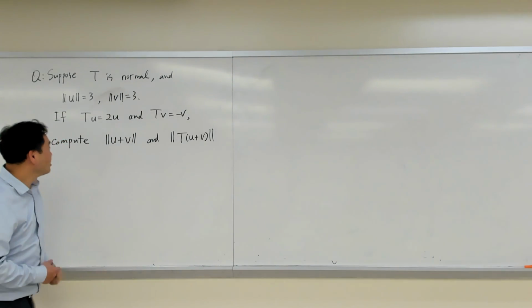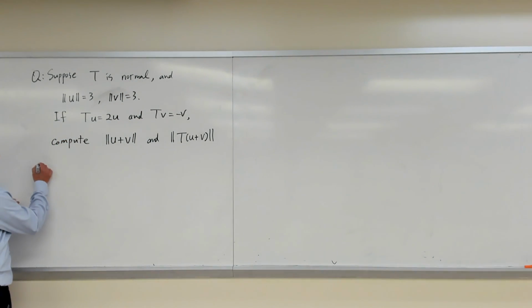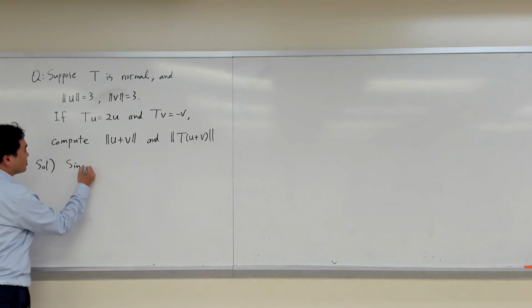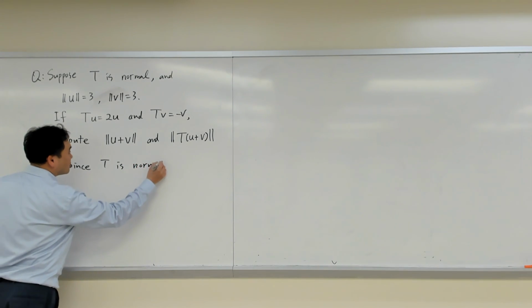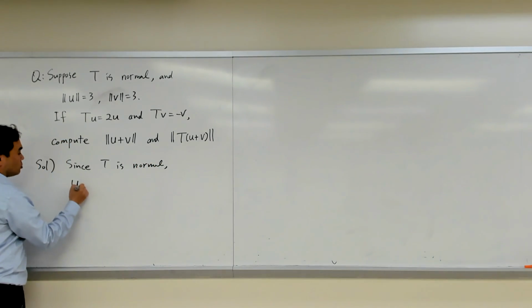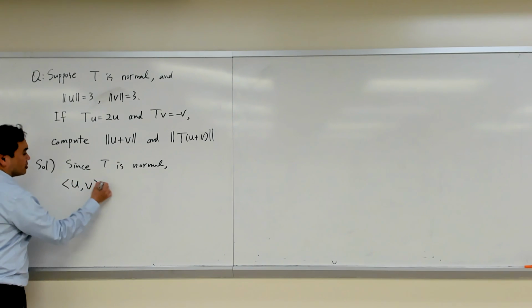Okay. So what we know is that since T is normal, <u,v> is 0.